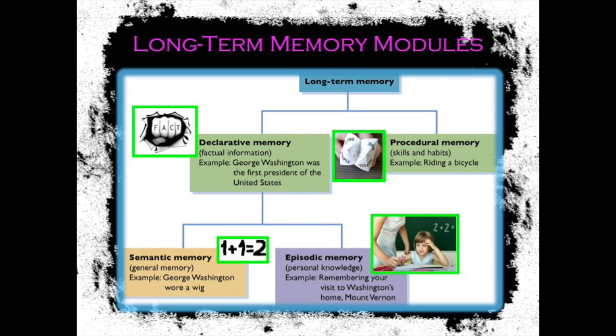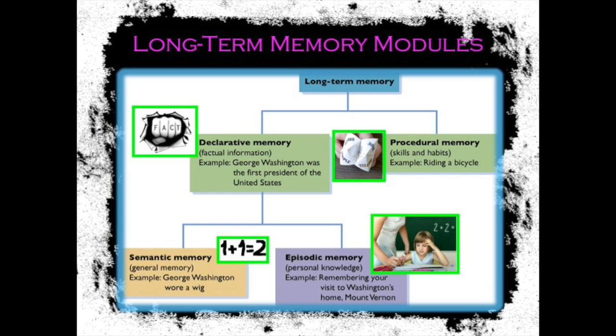So people often complain to me that their long-term memory is poor and ask me for advice on how to improve it. And I always respond to them with, well, what type of long-term memory is poor? Because generally people tend to be stronger in different types of long-term memory. Maybe procedural memory is better for them than declarative.